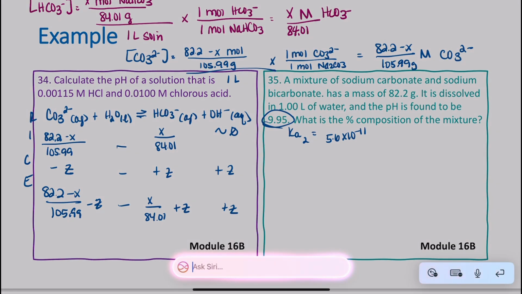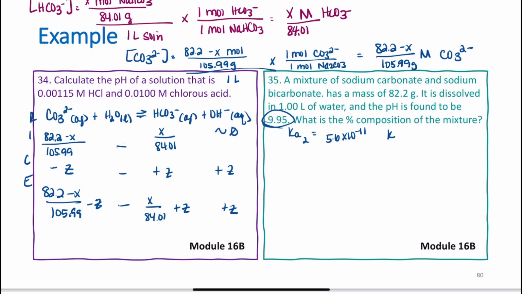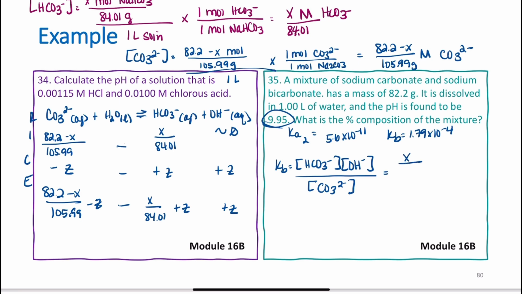I know my Kb value. I can solve for it through Kw. So Kb is going to be equal to 1.79 times 10 negative 4. Kb is equal to HCO3 minus concentration times OH minus concentration over my carbonate. Again, I know it's acting as a base because my pH is basic. This is, again, a mess.